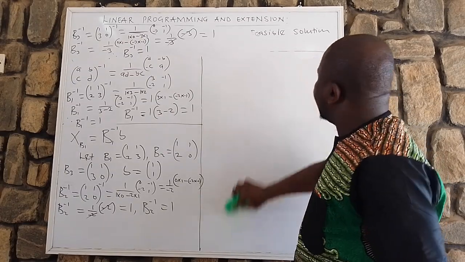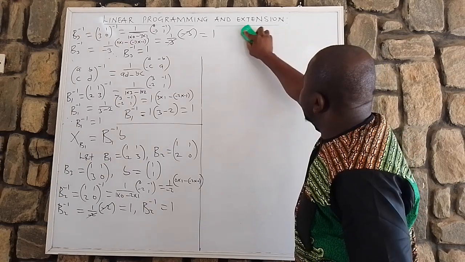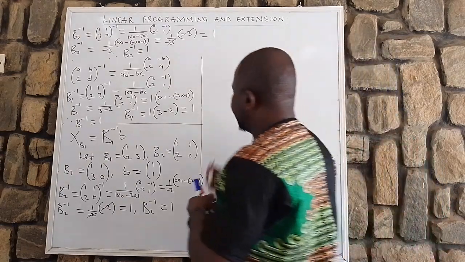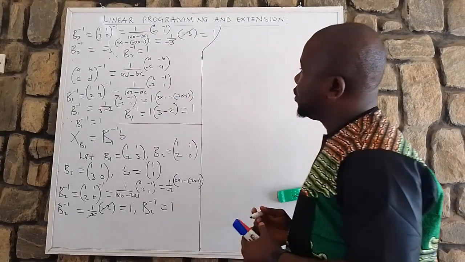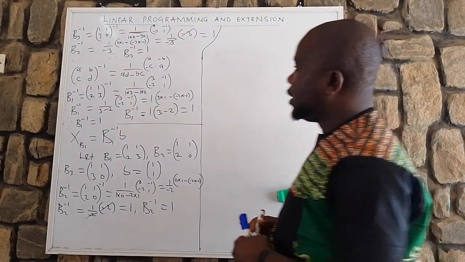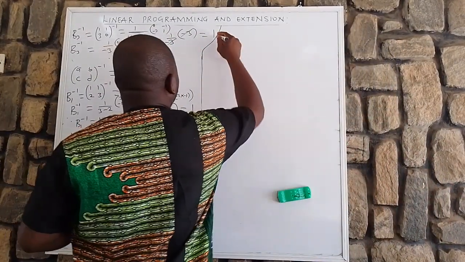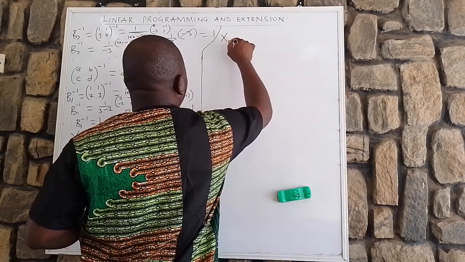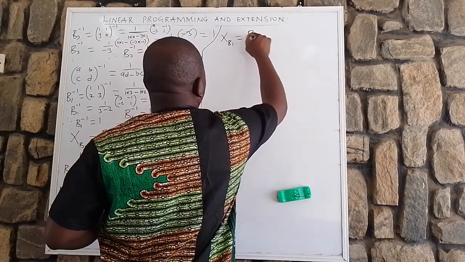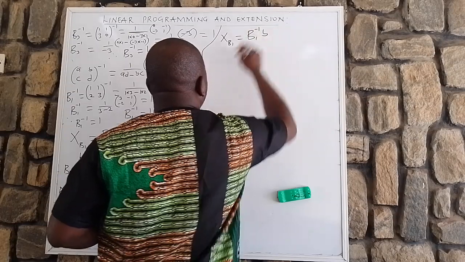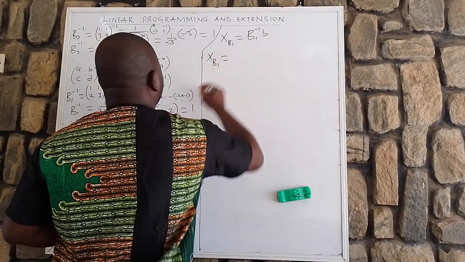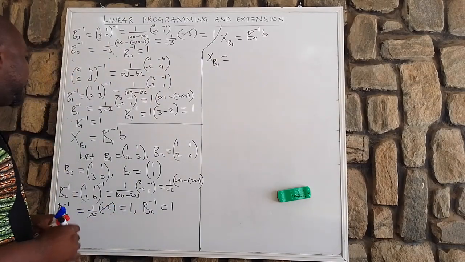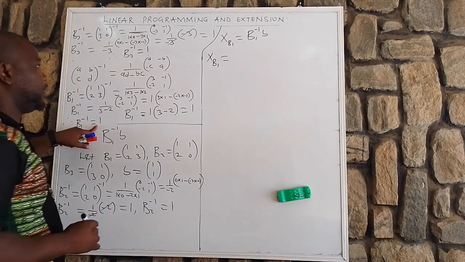Okay, so if you agree with me, we are going to have this. Let's obtain our XB1, which is equals to B1 inverse times B. So our XB1 is equals to, what is our B1 inverse? Our B1 inverse is 1, isn't it?